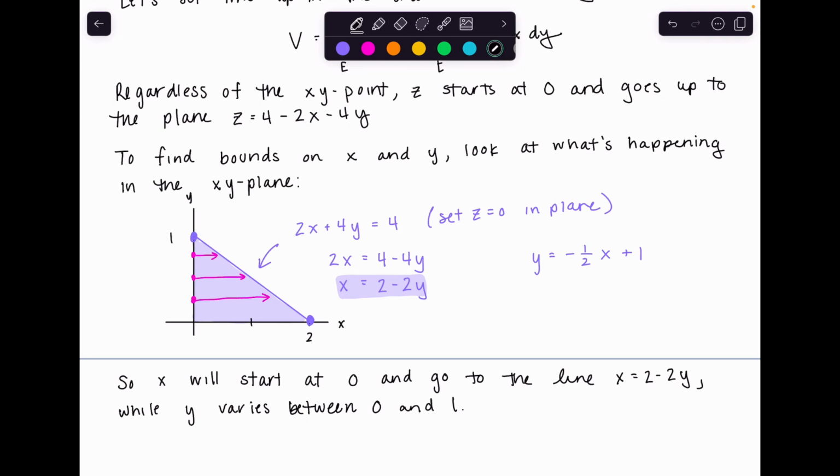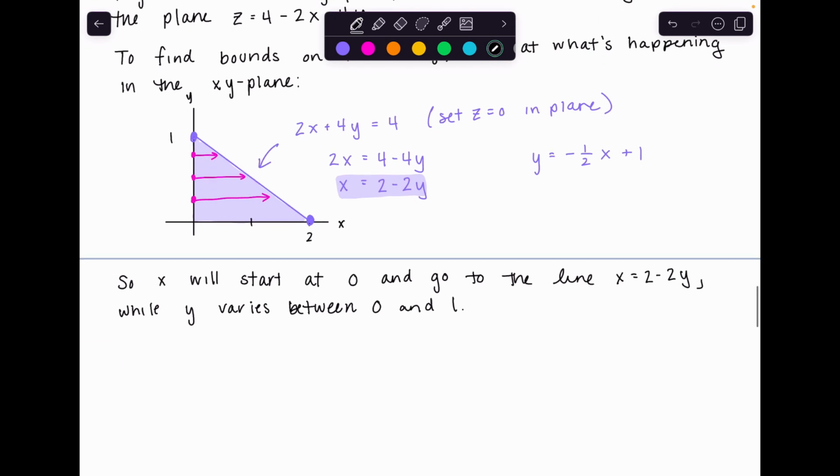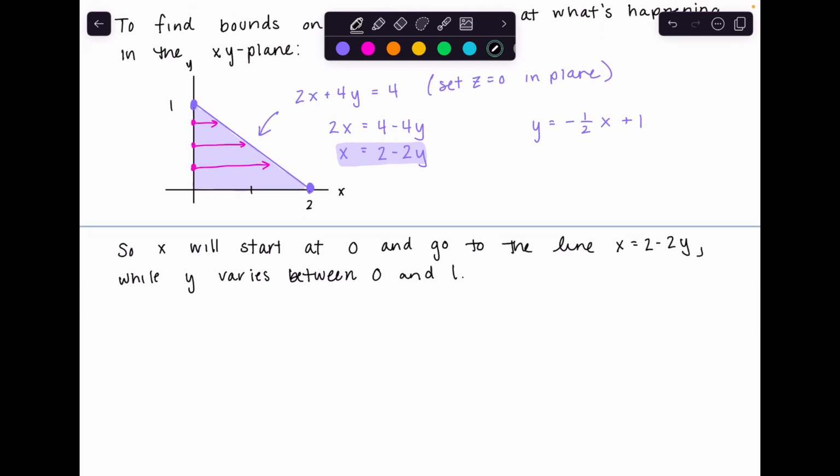So we finally have all of the bounds set up. We now can go ahead and find the volume of the solid. We have a triple integral; I'm going to save lots of room. The inside is 1, and the order we picked is dz, dx, dy. So z starts at 0 and goes to that plane, which is 4 minus 2x minus 4y.